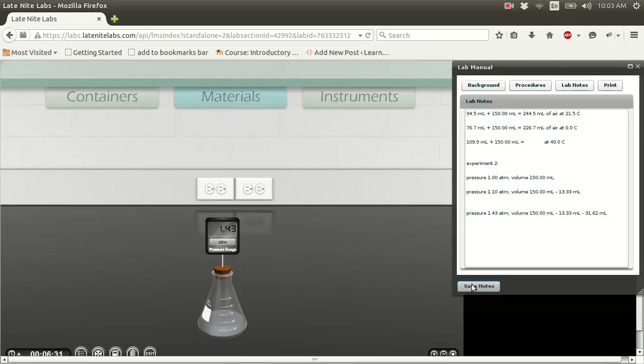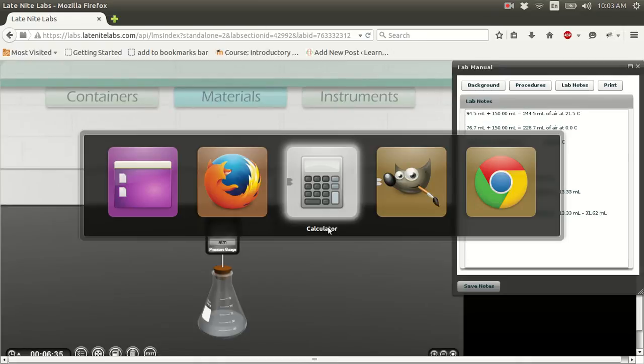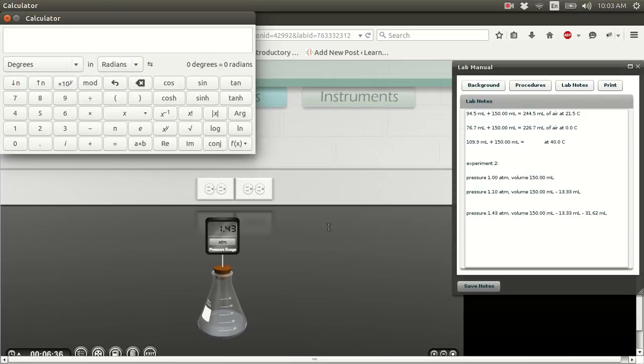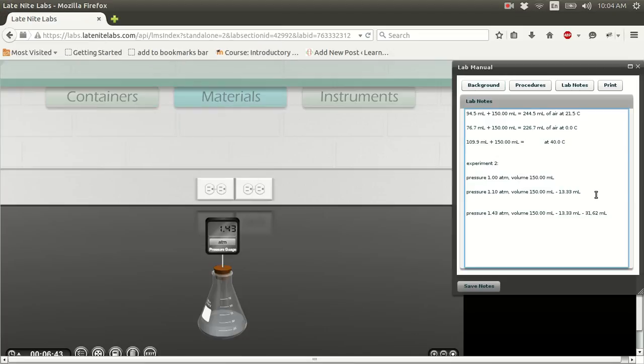Okay, save notes. All right, so let me do the subtraction now. 136.67.